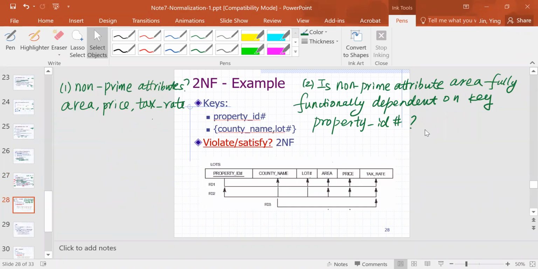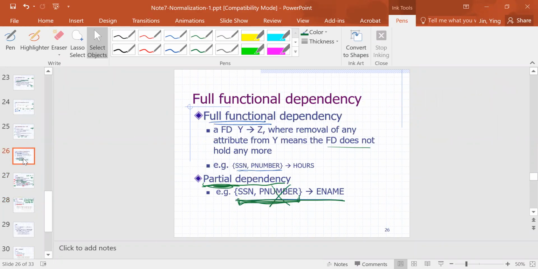So remember when we talk about full functional dependency, before I answer this question, I found something interesting. Full functional dependency means we can remove nothing from the left, right? So what happens if my left side only has one attribute? That's actually the case we have. The case we have is from property ID number to something, and my left-hand side only has one attribute.